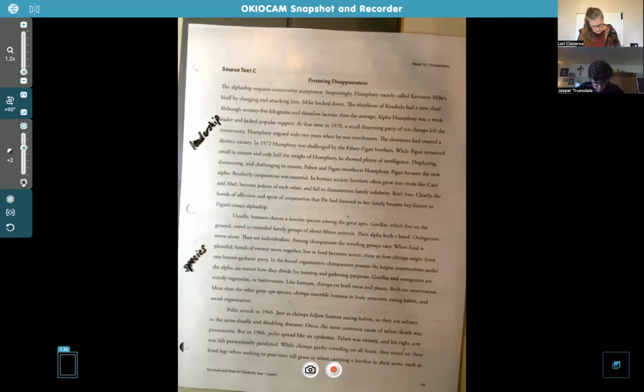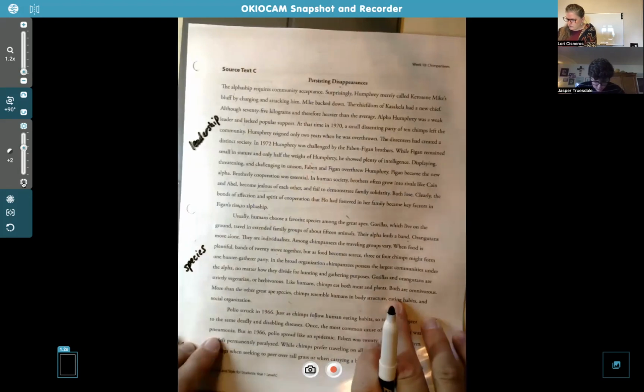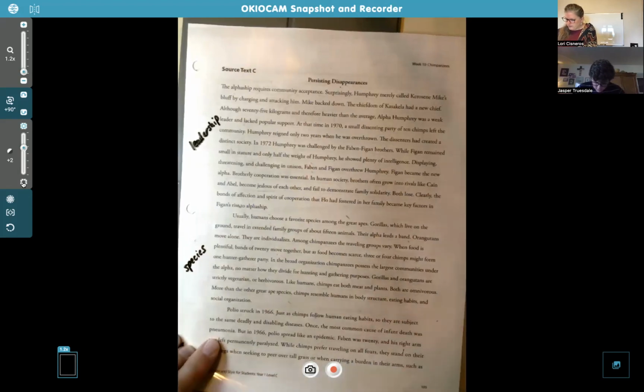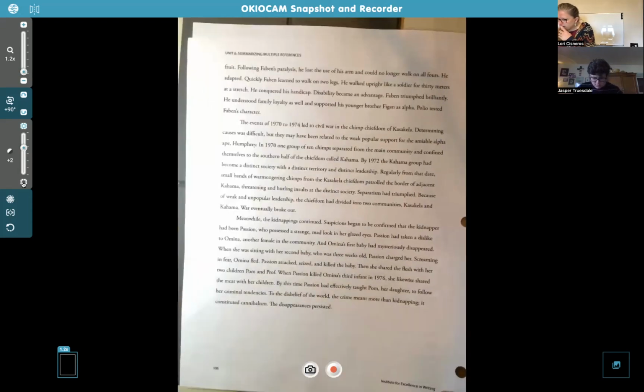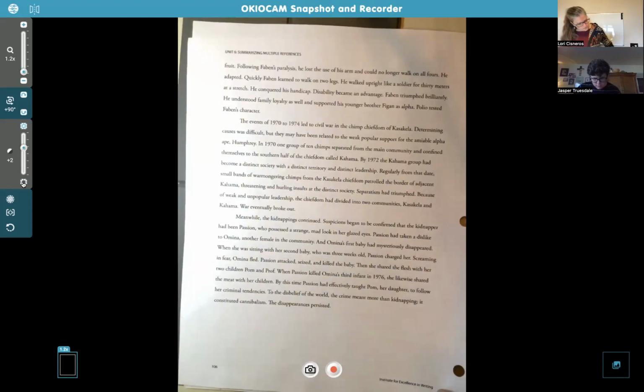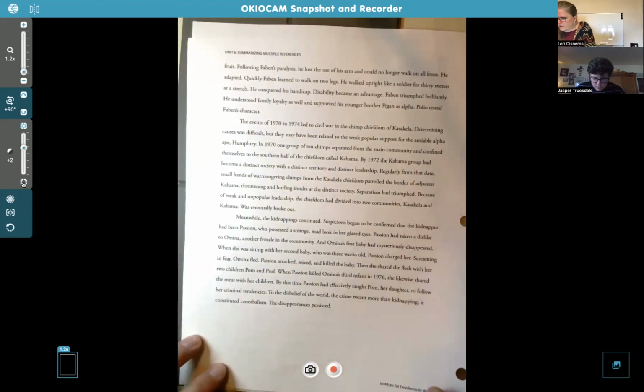This last one, let's see. It continues on the next page, but interesting. They're talking about polio. Hmm. I guess that's a common theme there, right?